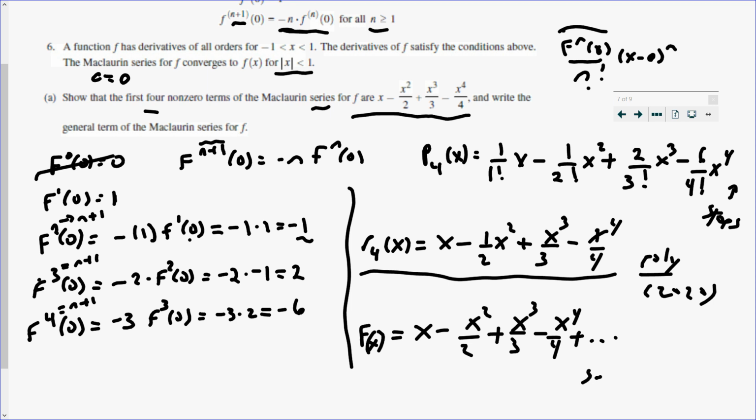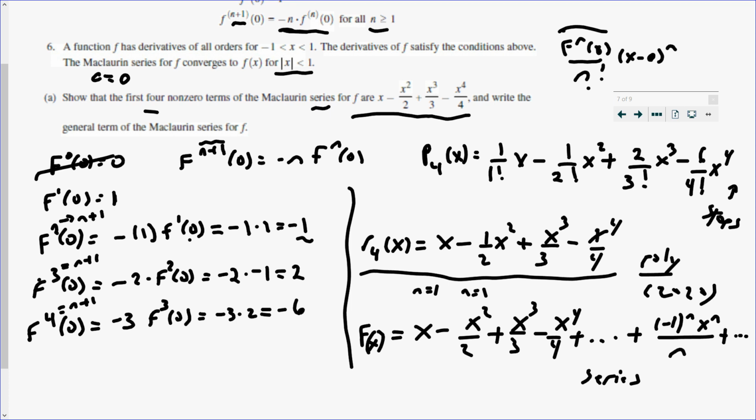In a series, we need that dot, dot, dot plus, and then they want the general term. I can generate the term here. Remember, this is n equals 1, n equals 2. This is an alternating series, so I'll go -1 to the n. And what do we got here? x to the n over n. And plus dot, dot, dot.